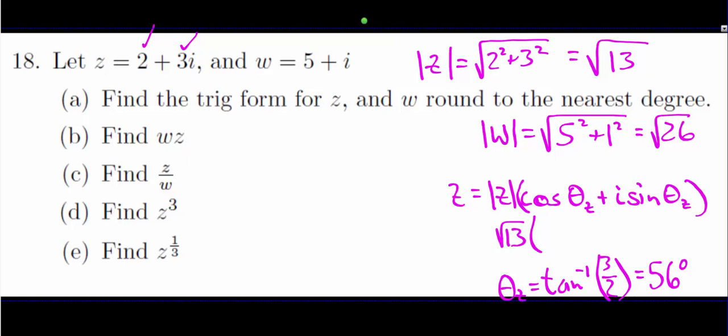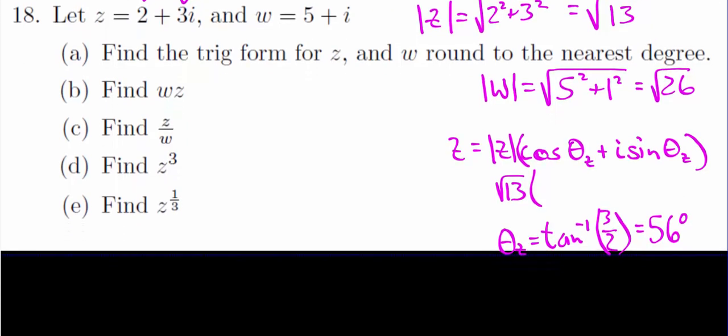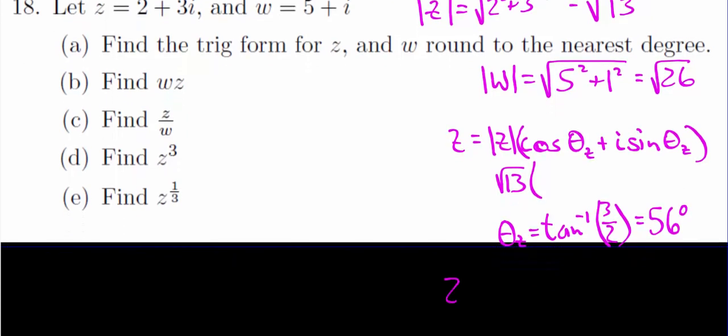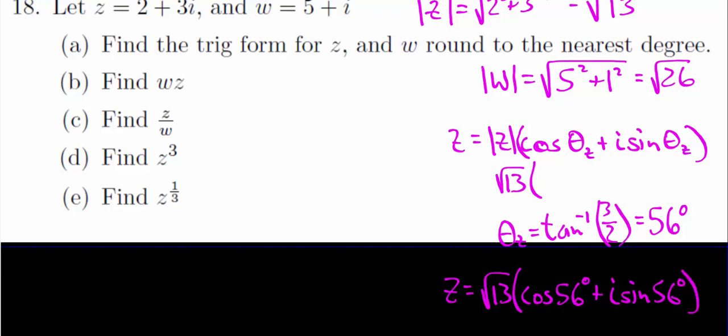Okay, so as far as z goes, we've got z is equal to the square root of 13 cosine of 56 degrees plus i sine 56 degrees. There, that's z.